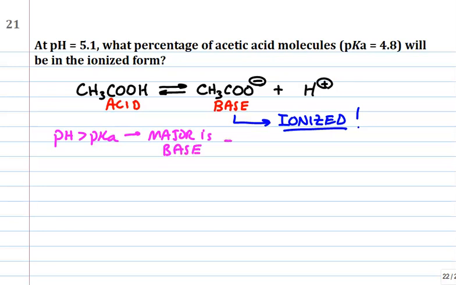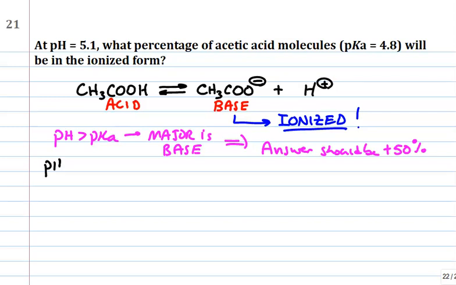So you know the answer should be greater than 50%. You know that already. I think it's a good idea to do that before you even get started. Okay? Well, here we go. And let's see what we get.